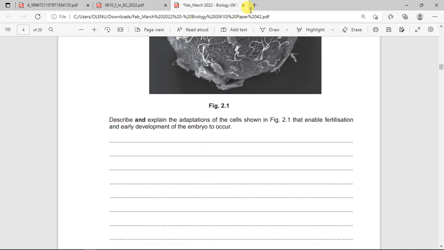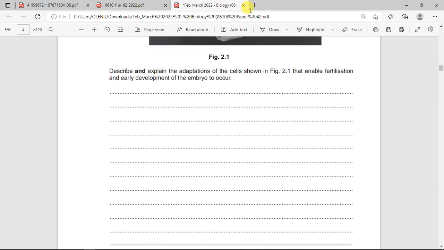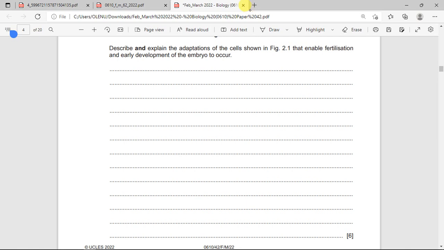The question says we should describe and explain the adaptation of the cells shown in figure 2.1 that enable fertilization and the development of the embryo to occur.